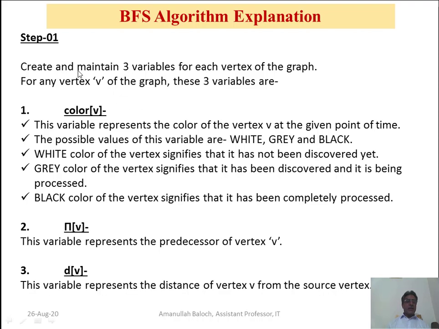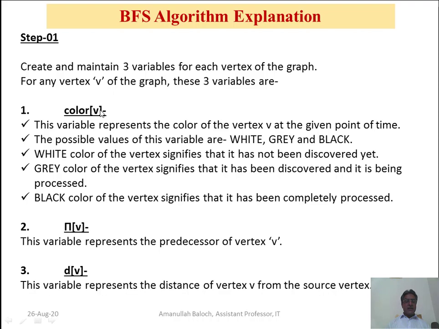Step 1. Create and maintain 3 variables for each vertex of the graph. For any vertex V of the graph, the first variable is the color of V. This variable represents the color of the vertex V at a given point of time. The possible values are white, gray and black.